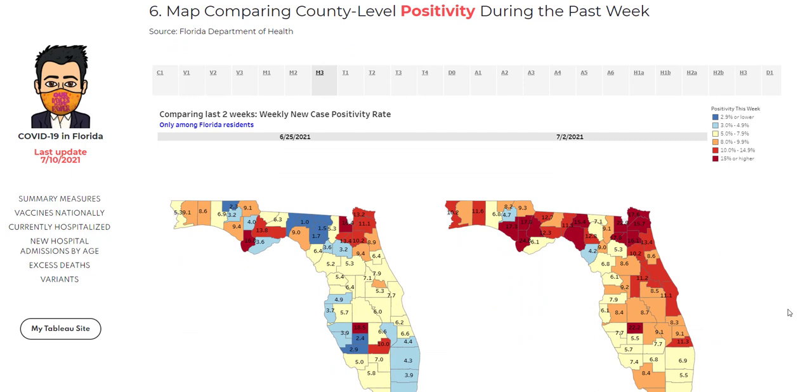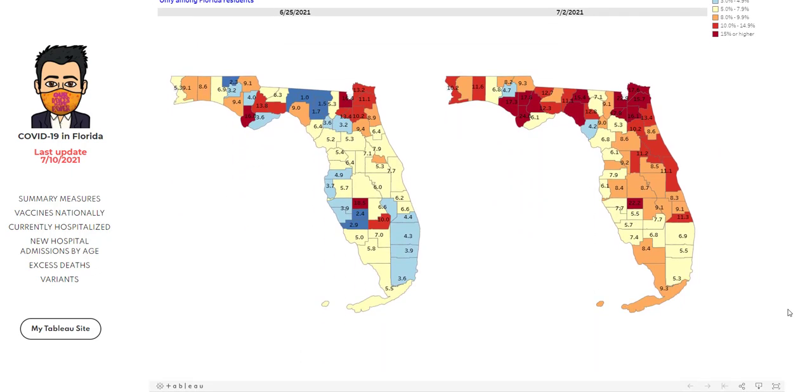The next visualization is the same kind of information, but it's positivity. So test positivity. We know recently we've gone from around the 3% marker to, 2 weeks ago, just over 5%, and now we're almost at 8%. So positivity has been increasing, and you can even see that in these two county level maps.